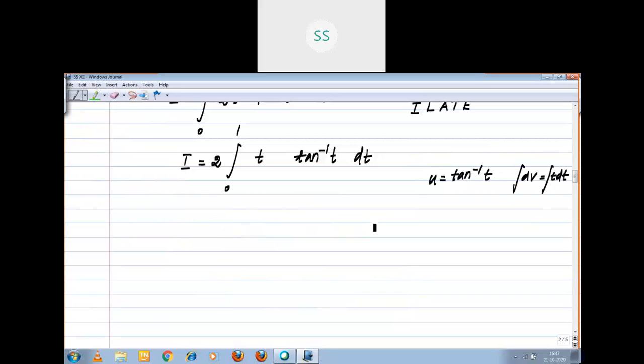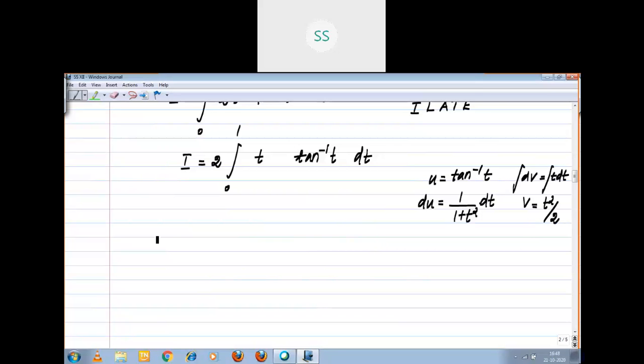Inverse trigonometry is there, so that is your u. du equal to 1 by 1 plus t square into dt, and v equal to t square by 2.